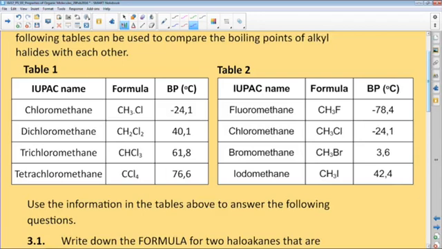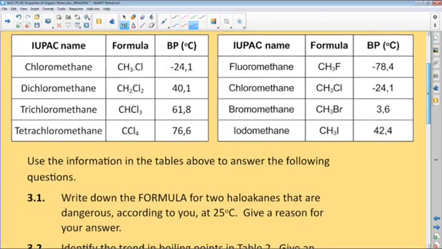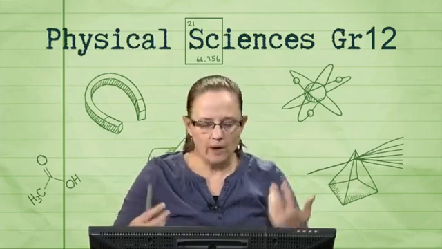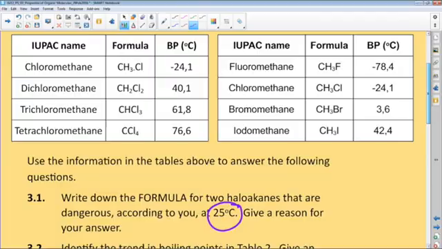So, use the information in the tables above to answer the following questions. Write down the formula of 2 haloalkanes that are dangerous according to you at 25 degrees Celsius. 25 degrees Celsius is important. That is room temperature, okay? When we look at the table, boiling point means it's going from a liquid to a gas.